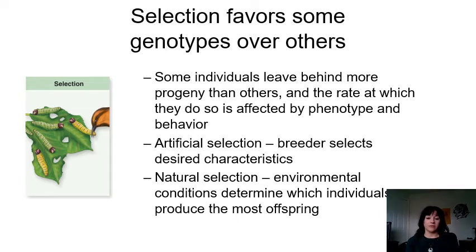This can be artificial selection, such as breeders selecting for certain characteristics, such as cows that can make a lot of milk, right? Or dogs that have a very docile behavior. And it can also include natural selection, where the environmental conditions determine which individuals produce the most offspring.